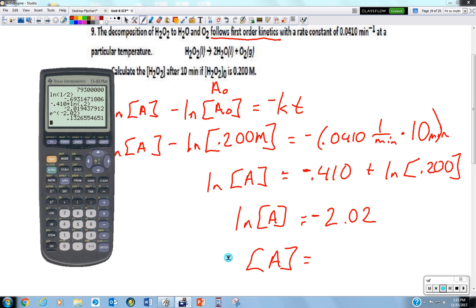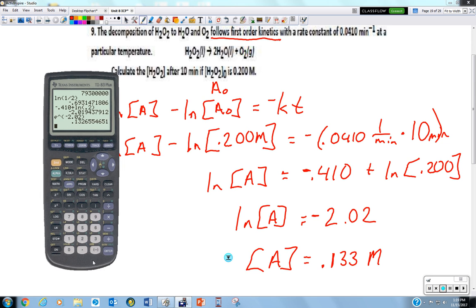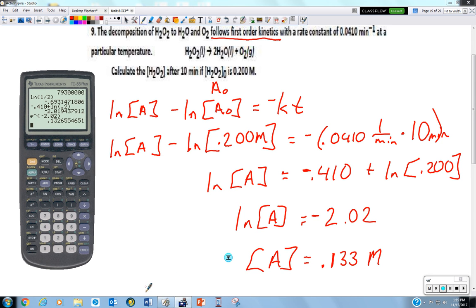So fairly straightforward. We end up with 0.133, and it's going to be 0.133 molar since it is concentration. All right, so does everybody see how we got there?